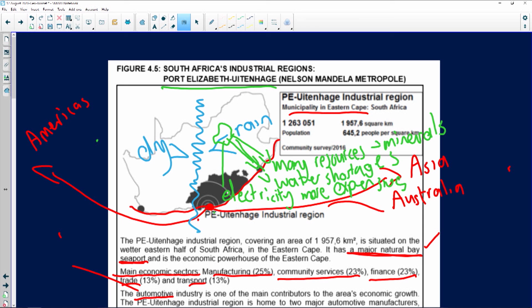And lastly, there might be a skills shortage. Now keep in mind, your skilled people usually go to the PWV because they're earning more money, and there are more opportunities that we find in these places.